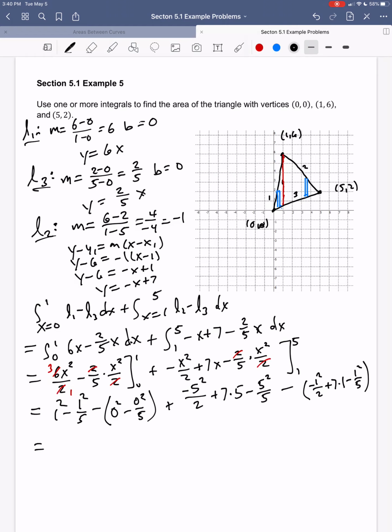So 1 minus 1/5 minus 0 plus negative 25 halves plus 35 minus 25 fifths plus 1/2 minus 7 plus 1/5.